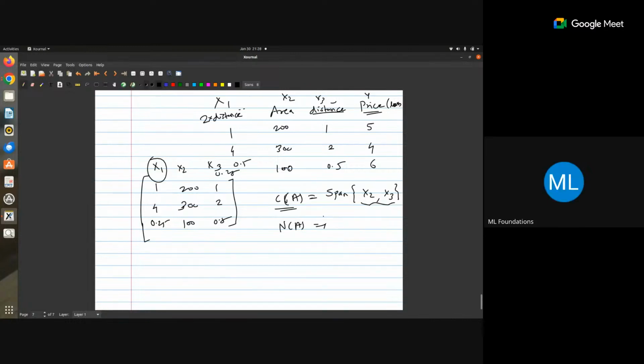So when I have a null space of dimension 1, will solving this system of equations by using machines be difficult or easy, if I don't have full rank? Actually, I wanted to find the linear combinations of these to predict the price y.